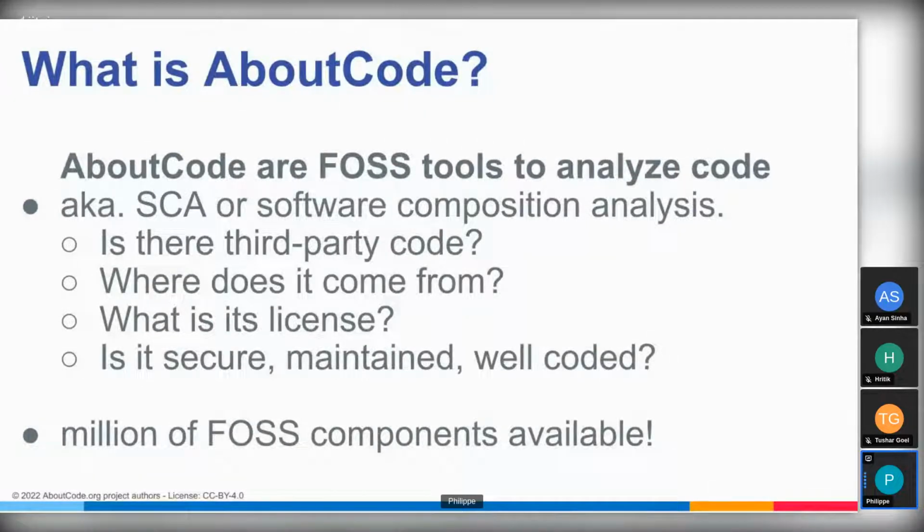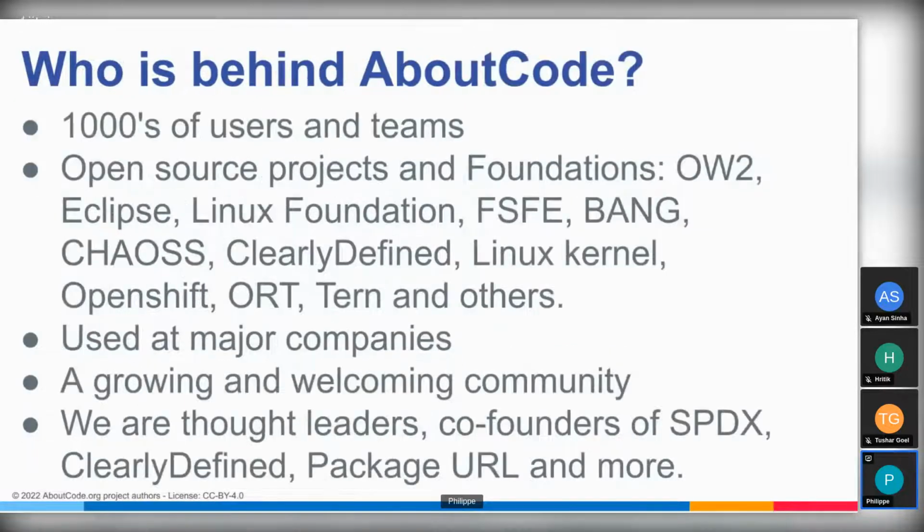And there are millions of packages available, so it's really important to be able to understand how you get there. Now, who are we? We have a fairly large user base, a small team that helps maintain, and a growing team of maintainers.